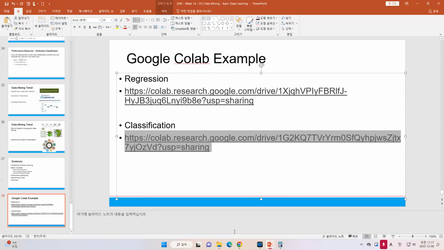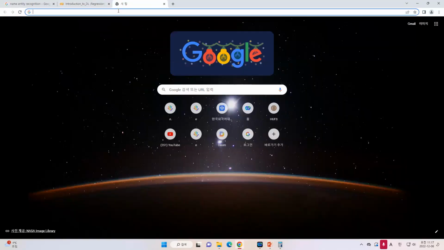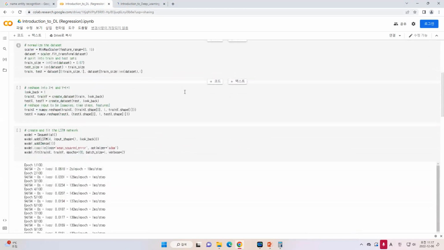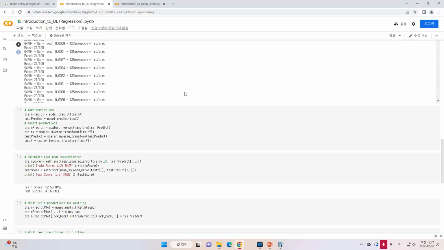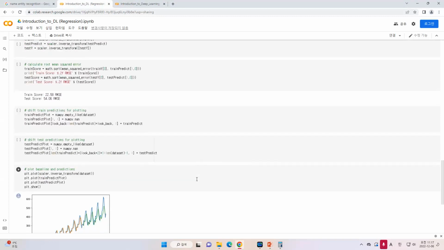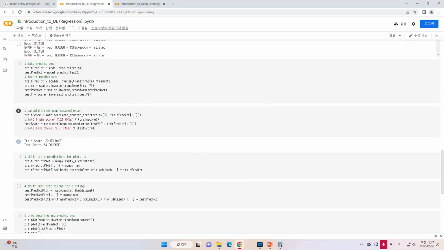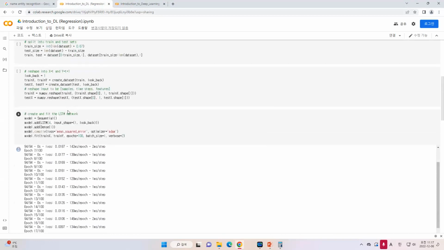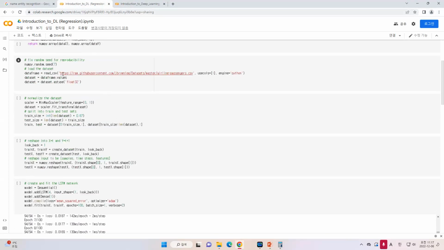So the first is about the regression with the simple, yeah, I use this with the LSTM network again. So you can take a look at how to use Python to do the LSTM for this data set.